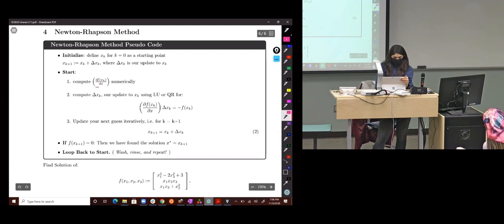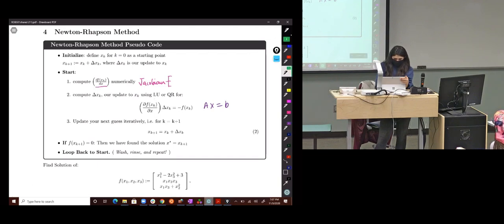We want to compute our Jacobian numerically. We can do it with all the 3 difference methods. Then you want to find the solution to this equation, where this translates to something like Ax equals b, which is the solution of equations that we know.